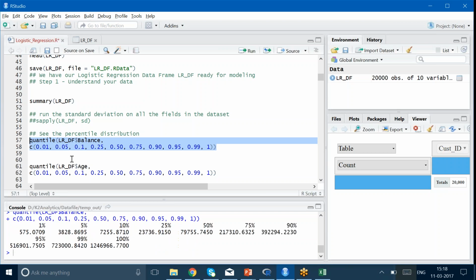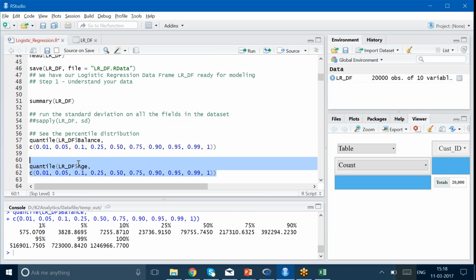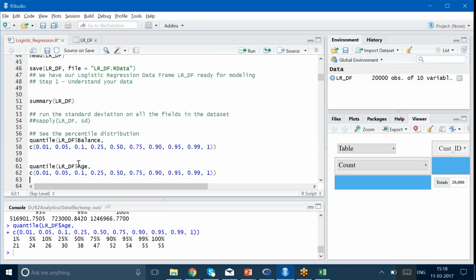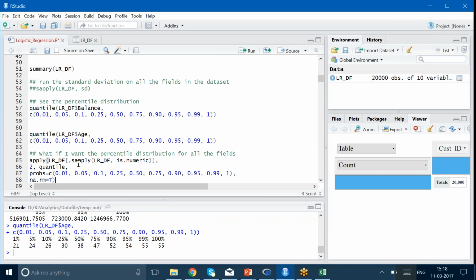So I'll run this. Then I'll run this for age, which is my another continuous variable. Then I have to run it for holding period. Now here I have just given 2-3 variables. Explicitly running for each variable one at a time will not take more time.